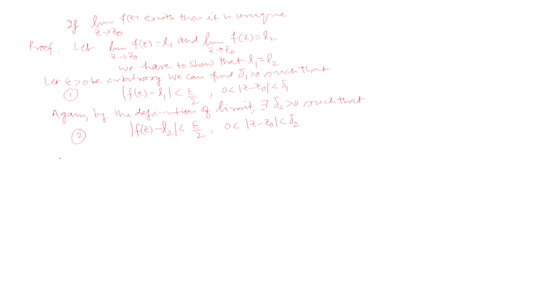So, now let us define, let delta be the minimum of the two positive numbers delta 1 and delta 2.